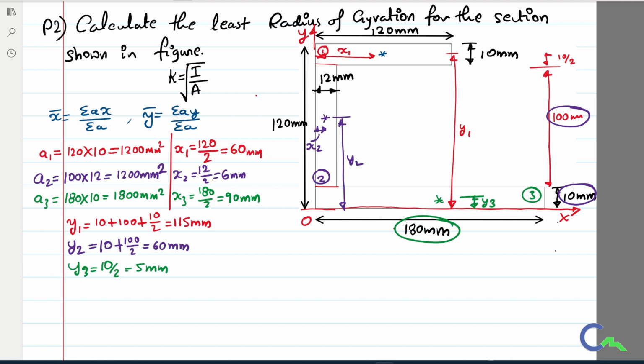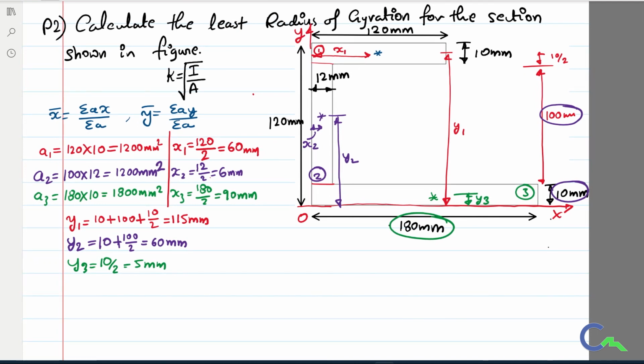So I calculated a1, a2, a3, x1, x2 and x3. Now easily I can calculate x bar and y bar. First, I'm going to take x bar. We know the formula: sigma a x divided by sigma a. Therefore a1 x1 plus a2 x2 plus a3 x3 divided by sigma a, or a1 plus a2 plus a3.